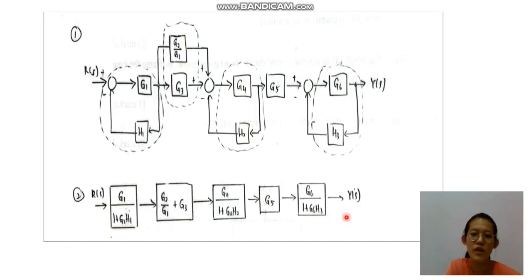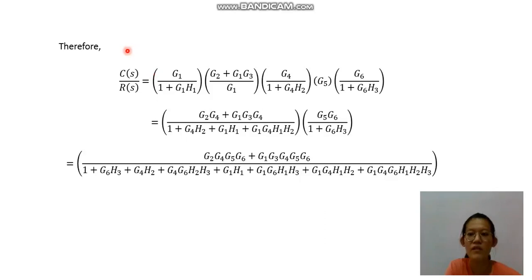We will calculate C(s) over R(s) by multiplying G1 over 1 plus G1 H1 with G2 plus G1 G3 over G1, multiplied with G4 over 1 plus G4 H2, multiplied with G5, and multiplied with G6 over 1 plus G6 H3.